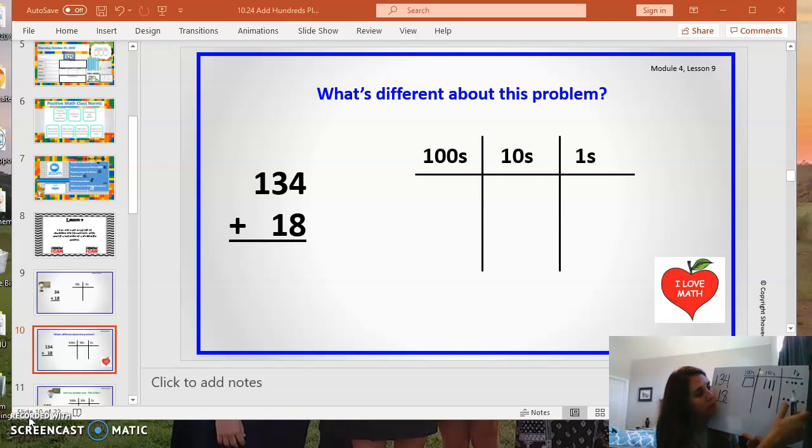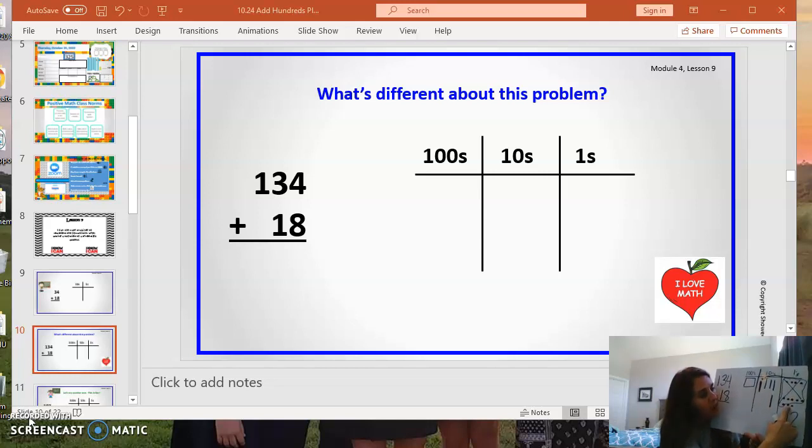So I'll count up my ones, and I have 12 ones, which means I can't have 12 ones. So I'm going to have to see if I can get a 10 out. So I'm going to circle and find a 10. And I'm going to move that over into my tens place. So now that goes over here in my tens place.